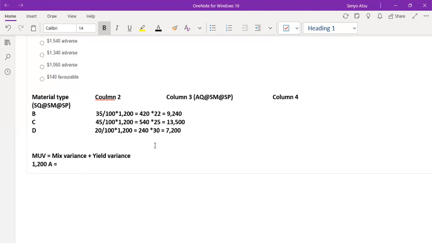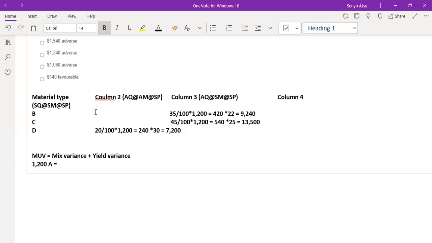So you see, column 2 will be, this is a difficult question, or not difficult, but time consuming. Column 2 will be actual quantity at actual mix at standard price. All of this, you are doing it on paper in the exams, so all things being equal, it will be quicker for you.